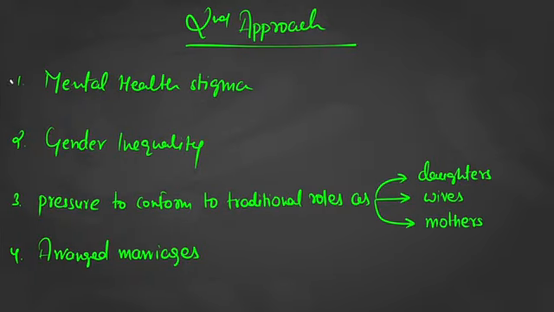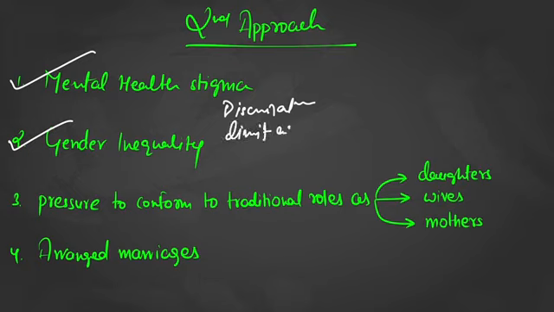So again, you can talk about mental health stigma. I'm not going to discuss it again. Second point you can talk about is related to gender equality, where you can talk about how discrimination is happening. Then you can also talk about how women have limited access to education. See, all these points I'm discussing, but you have to use facts here. Without facts, these will be very vague points.